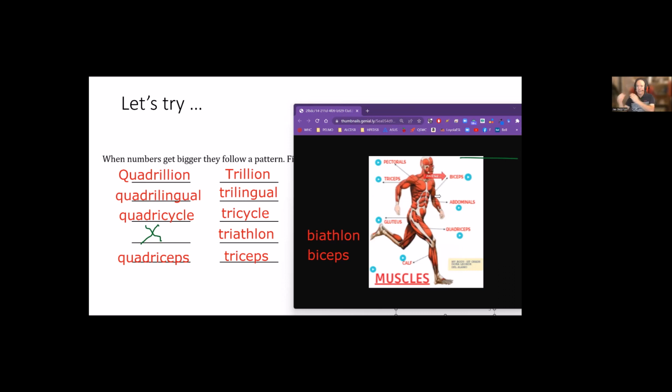Biceps, that's right here. That's 2 muscles together make a bicep. Triceps are the muscles on the back. This is a 3 muscle group. This is called triceps. And if you'll notice down here, these are quadriceps, and the quadriceps are thigh muscles on the tops of your legs. And the reason they're called quadriceps is because the muscle group includes 4. There are 2 on the front and 2 on the back. It's called quadriceps. Okay, so let me go ahead and get rid of that.